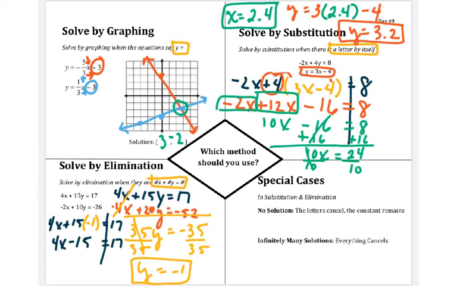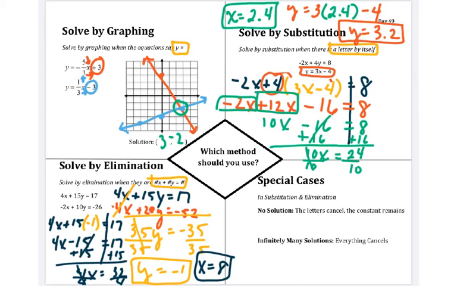Get x by itself, add 15. The number has to move first. So that leaves me with 4x equals 32. Last step, get x by itself by dividing. 32 divided by 4 would leave me with 8. So the y value of this solution is negative 1, and the x value of this solution is a positive 8.